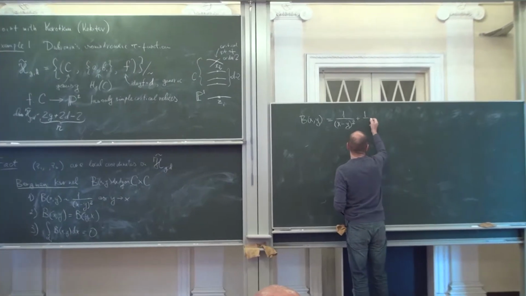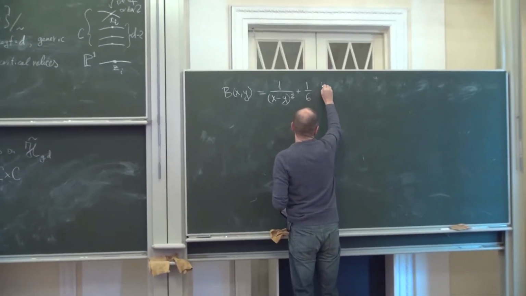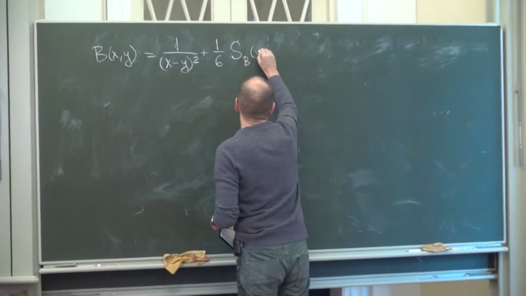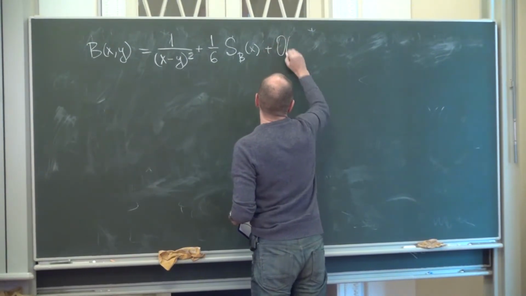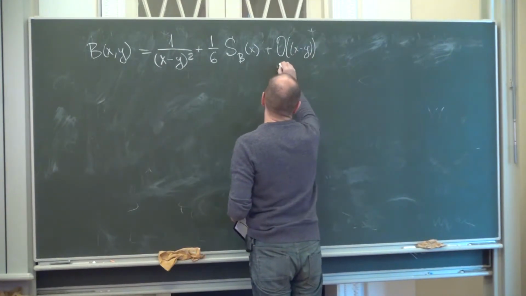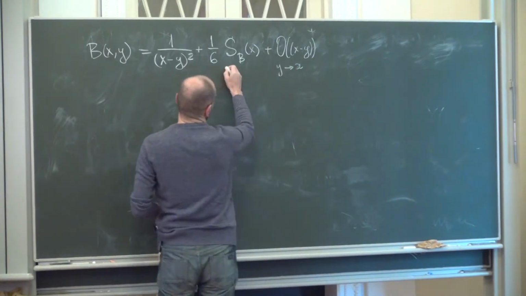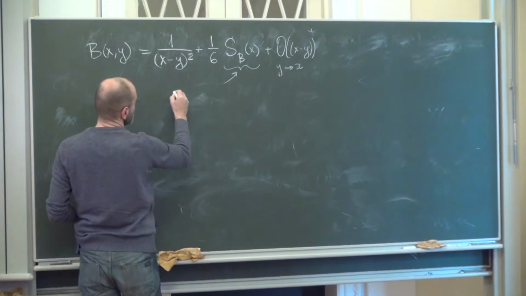Let me write it in the form 1 over 6 times S_B(x) plus something of order (x minus y), as y tends to x. So here S_B(x) is the so-called projective connection on C.